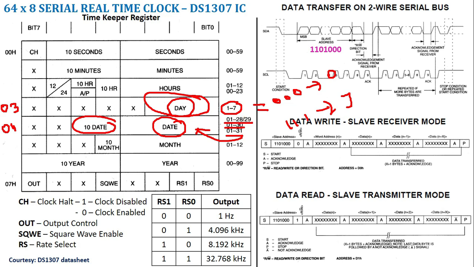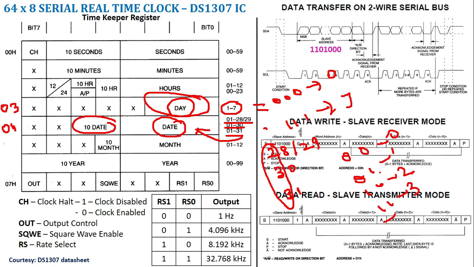The upper digit can be 2 or 3 for 28, 29, 30 or 31, so I require minimum 2 bits. 00 means 0, 01 means 1, 10 means 2, and 11 means 3. So minimum I require 2 bits to represent these 4 numbers, and that is why we use 2 bits here.